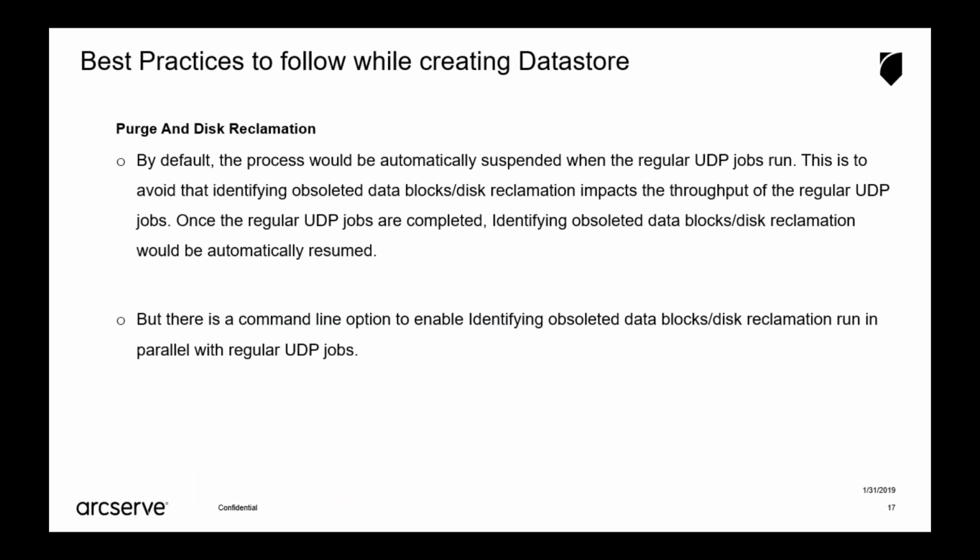By default, the purge process would automatically suspend the regular UDP jobs. When the purge starts after the merge activity or after 6 hours or for any job failures, it will trigger the purge job. But again, it will have to stop if there is any active job running in the background.